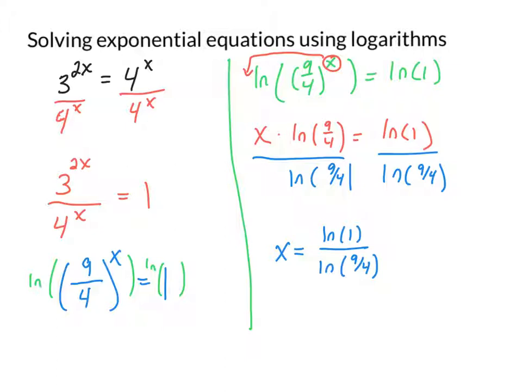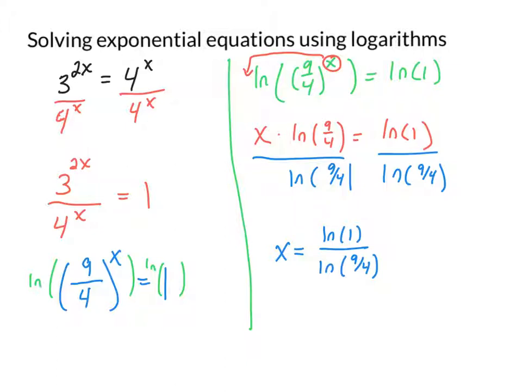Okay, so this is great. This is my exact answer. And I look at this answer and I wonder to myself, if I didn't do any of this, if I just took a step back over at this spot and said, well, 9/4 to the x was equal to 1, I can think, is there a number that if I raise 9/4 to some exponent, I'm going to get back 1?